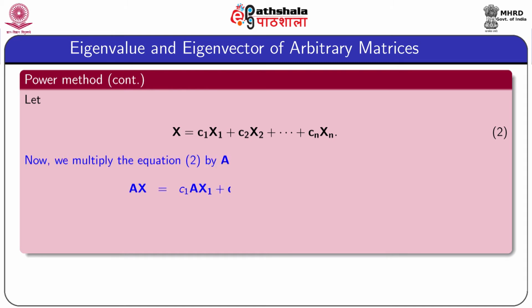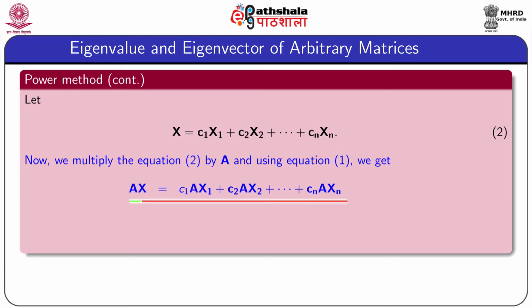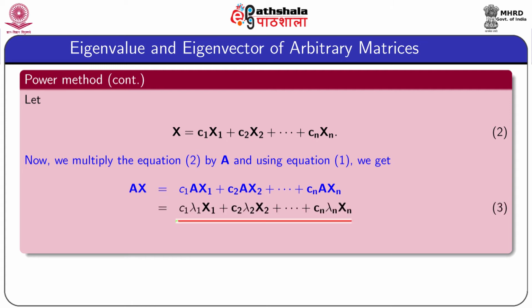And now we multiply this equation, equation 2, by the matrix A. That means Ax equal to c1 Ax1 plus c2 into Ax2 plus dot dot dot plus cn into Axn. And this becomes c1 lambda 1 x1, as by definition Ax1 equal to lambda 1 x1, plus c2 into lambda 2 x2, because Ax2 is nothing but lambda 2 x2, and dot dot dot cn lambda n xn.